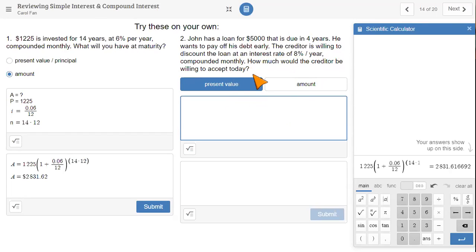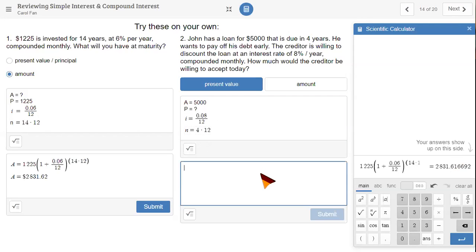So let's go backwards. We know that A is 5,000, P is unknown, interest 0.08 divided by 12, and N is equal to 4 times 12. Right, so our equation, 5,000 is equal to P times 1 plus 0.08 divided by 12, all to the power of 48.